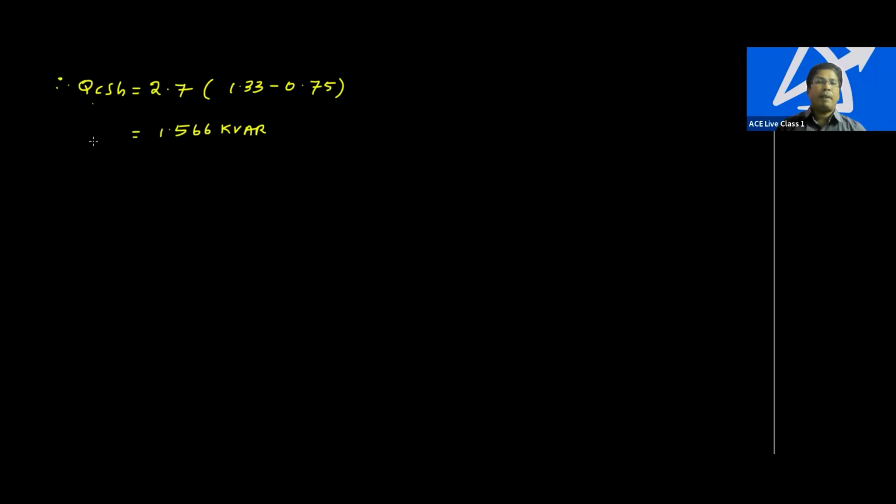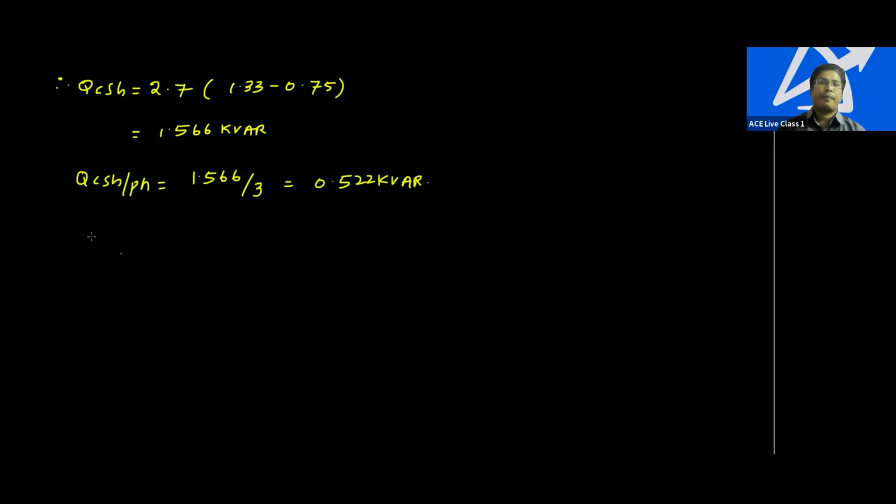But we need the per phase value, because we have to calculate per phase capacitance. QCSH per phase is 1.566 divided by 3, which is 0.522 kVAR.